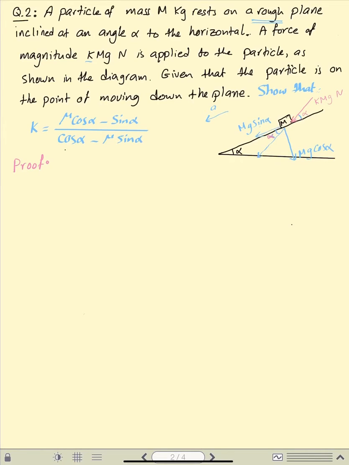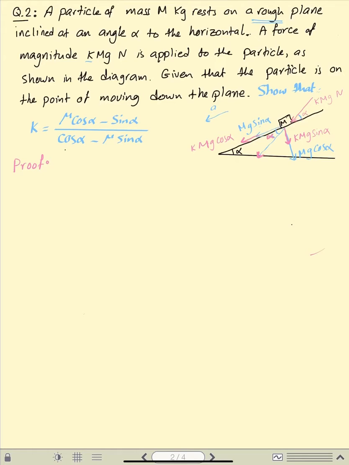This force in red has its components: one here, since the force is downwards, the adjacent one, since alpha is here. So this will be kmg cosine alpha, and we have here kmg sine alpha.